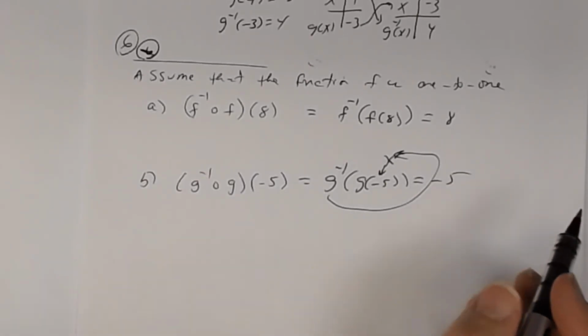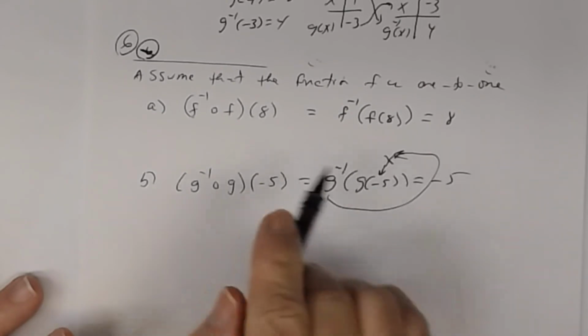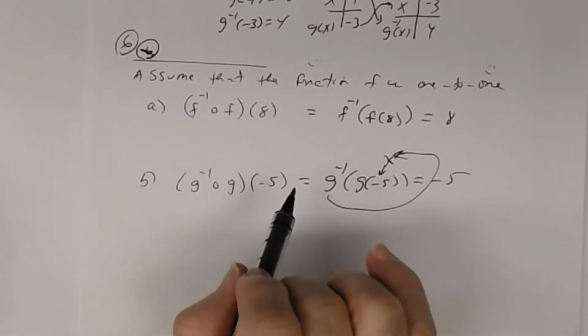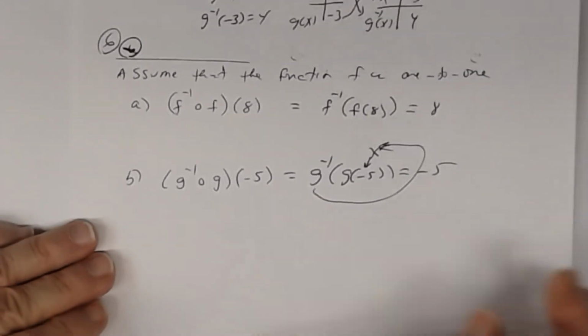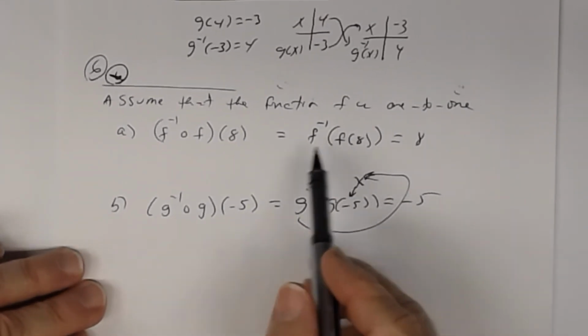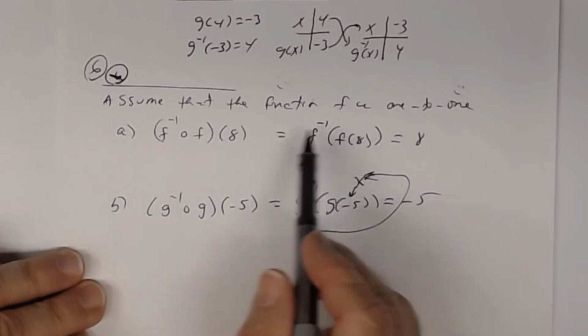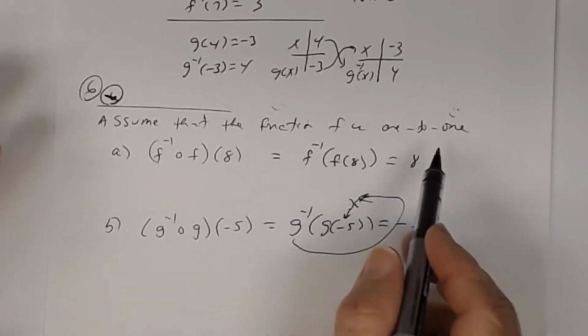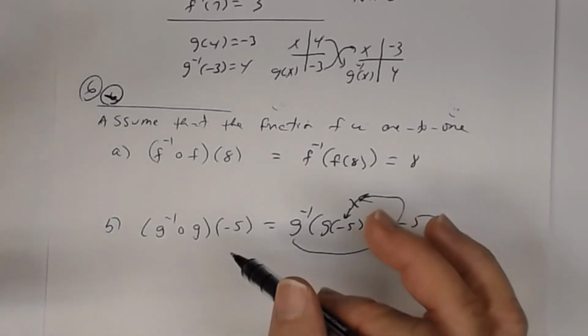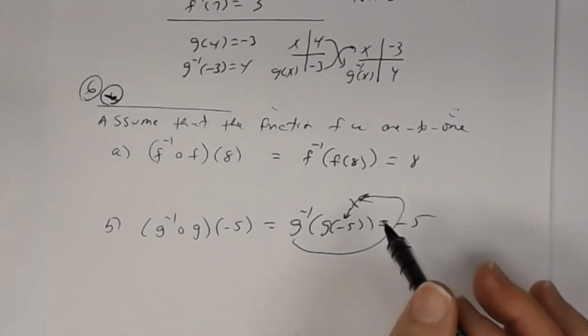Okay? All right, so that, to be honest with you, is a little bit confusing for some students. But just think about what it's saying. So by definition, first of all, it's this. And you don't know what f is. You're not given the equation for f of x. You're not given the equation for g of x. So you don't know what that is.